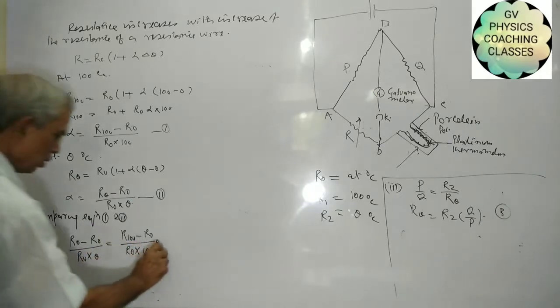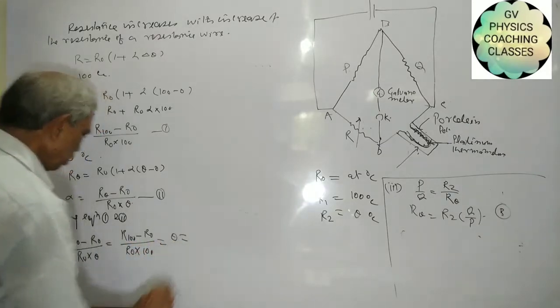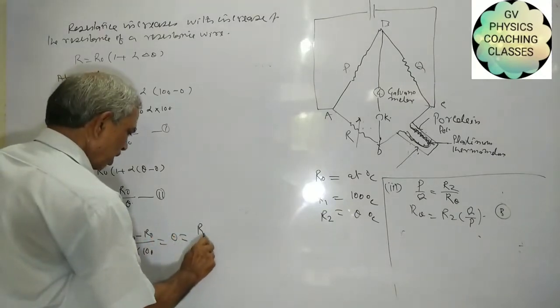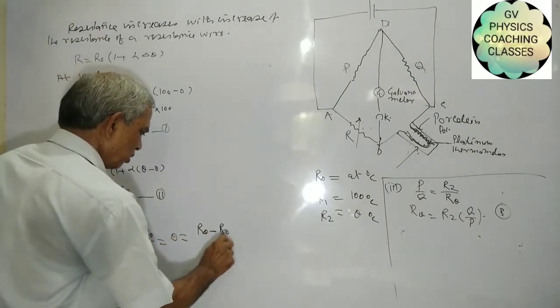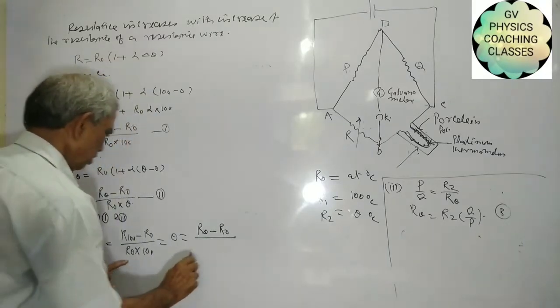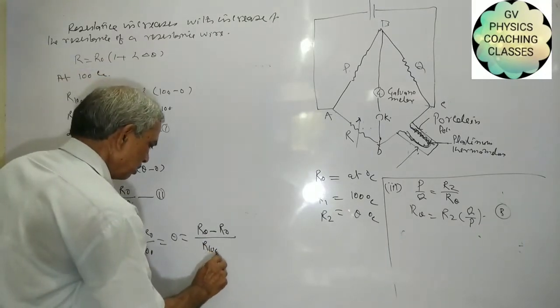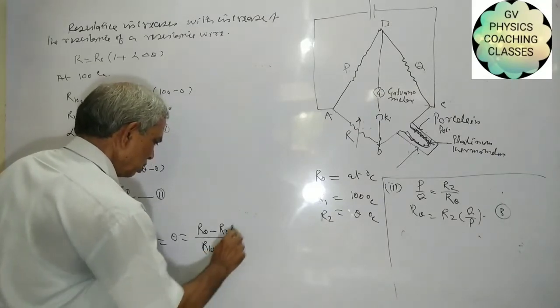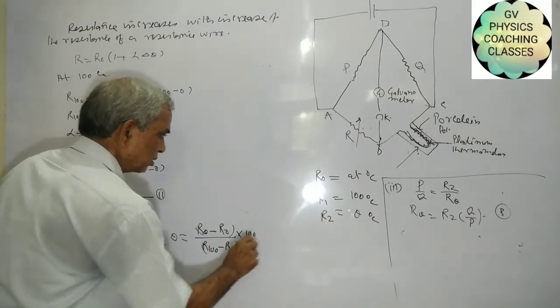This comes out as theta equals R theta minus R naught upon R100 minus R naught, into 100.